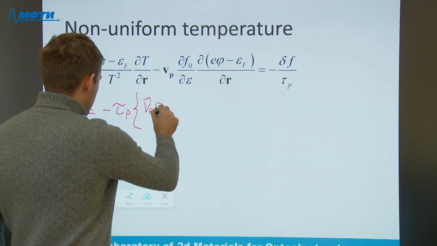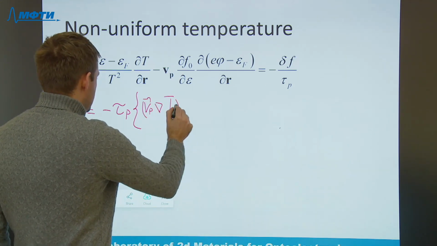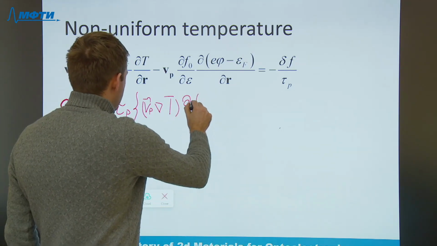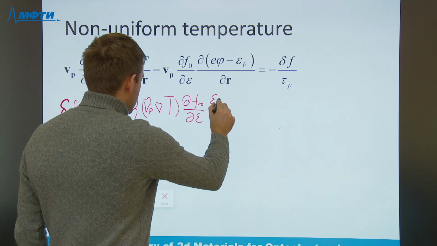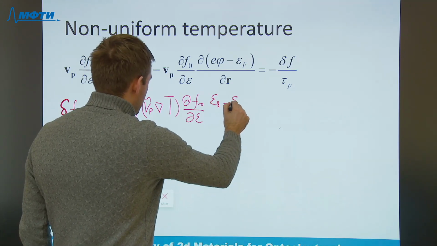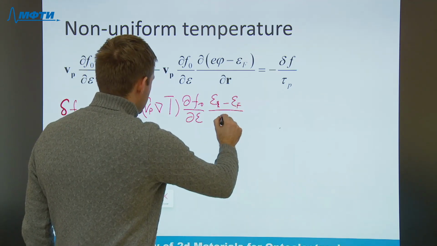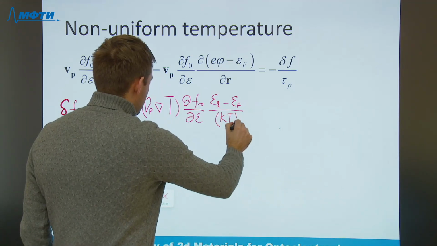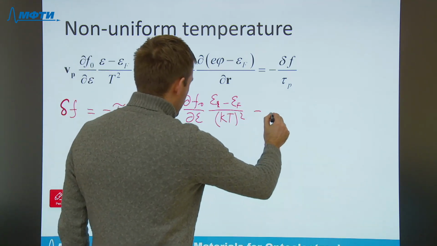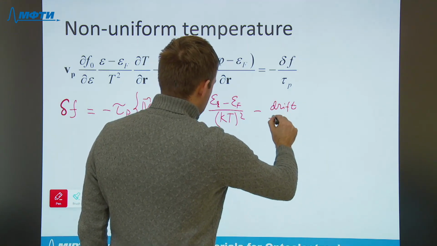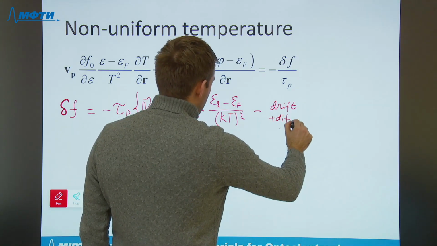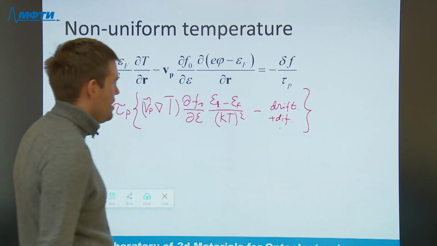Vp gradient of temperature multiplied by derivative of distribution function with respect to energy multiplied by energy reckoned from the Fermi energy divided by kT squared, and minus something like drift and diffusion terms that we will not be interested in anymore.